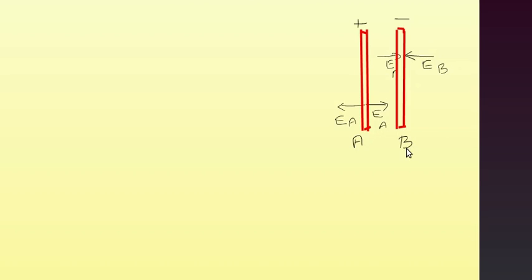Similarly, for the sheet B, you can see that electric field lines are coming in, right? So in this case field lines are going away, and here field lines are coming towards, and this difference we have already seen in the case of positive and negative charges. Now we can define three regions for this capacitor. That means there is a region on the left side of A, one region between these two sheets, and a region on the right side of the sheet.